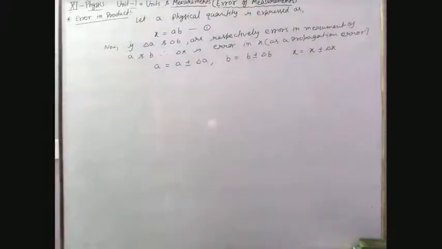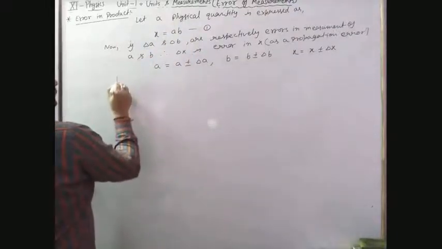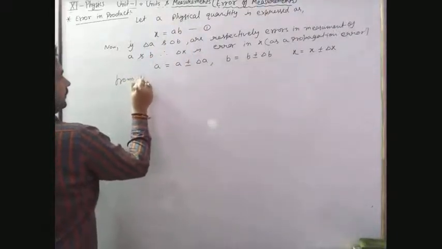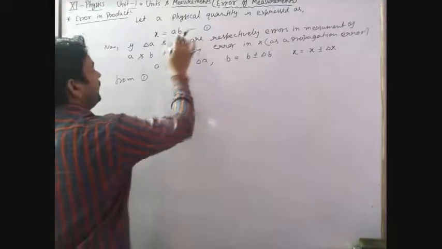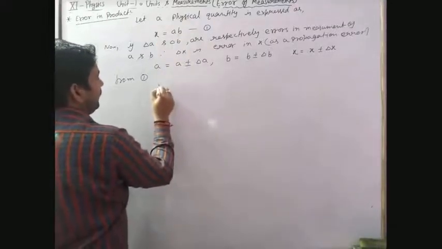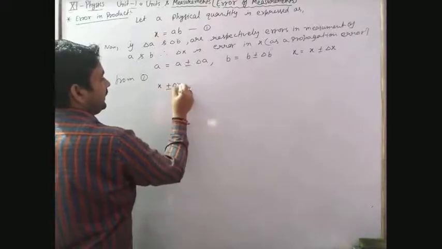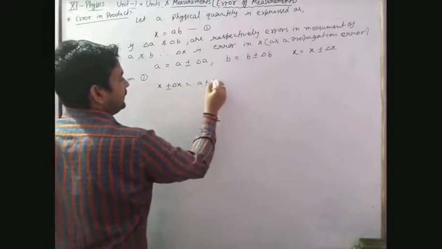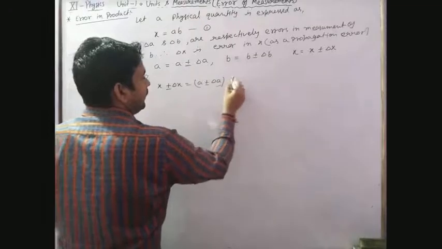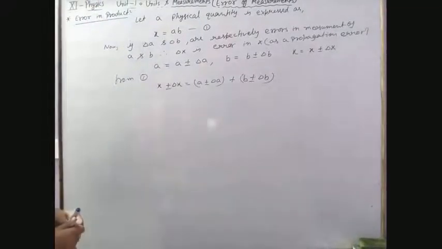Now from first, in place of x we get x plus minus del x equal to a plus minus del a times b plus minus del b.